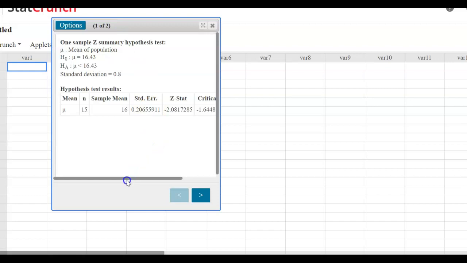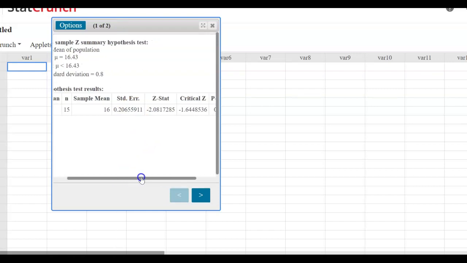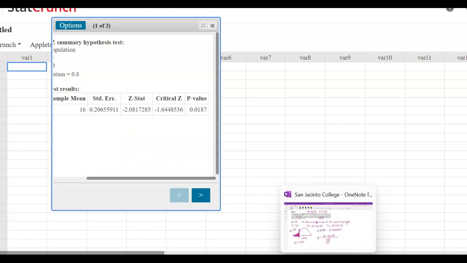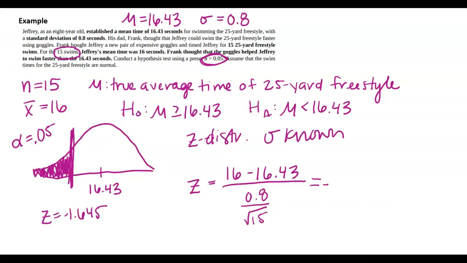All right, so notice here, it's all the things that we have written out. The standard error is 0.8 divided by square root of 15. This is the associated Z statistic. So if I go back to my notes, my Z statistic is negative 2.08. Notice that that is in the rejection region.